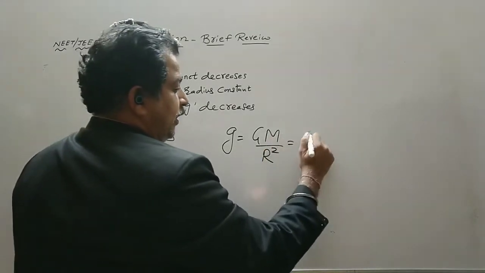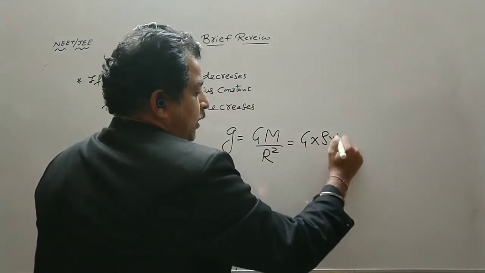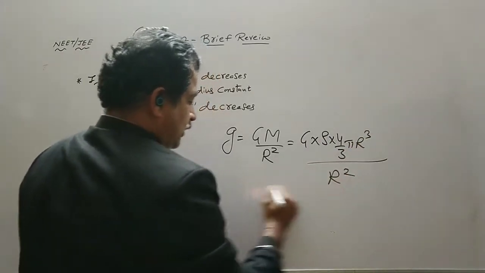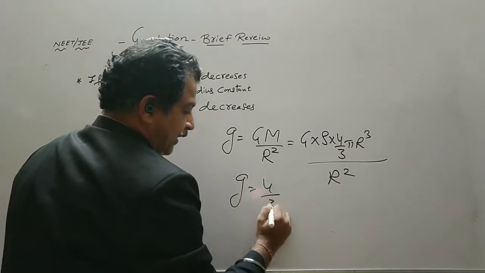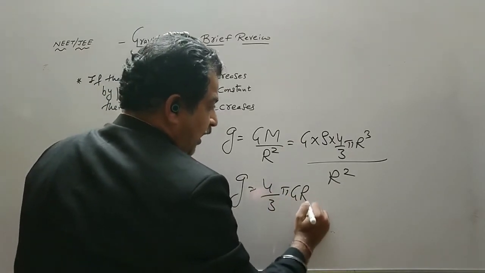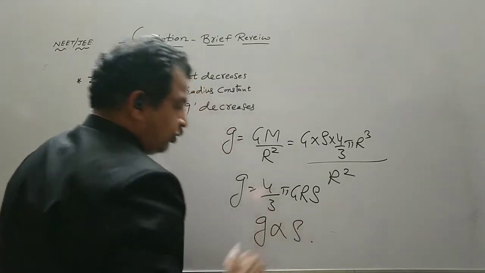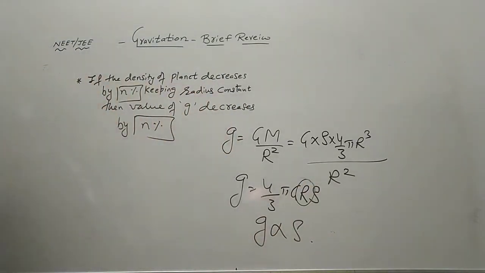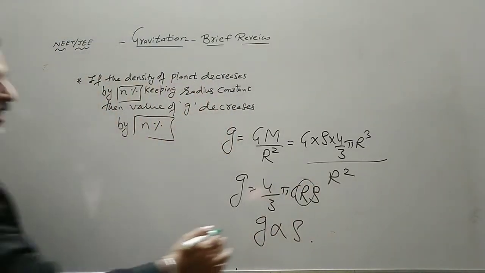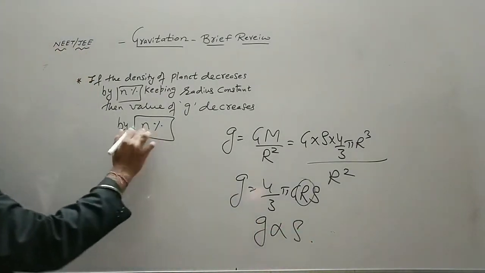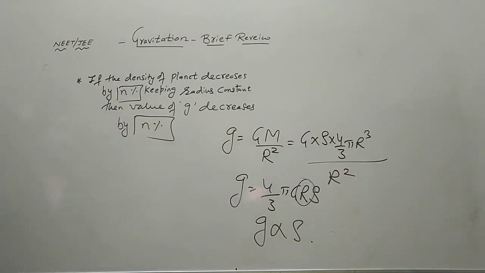This mass can be written as the density into the volume of that planet. So this comes out to be 4 by 3 pi G r rho. So clearly g is proportional to rho if we assume R to be constant. So if density decreases, then g also decreases by n%.